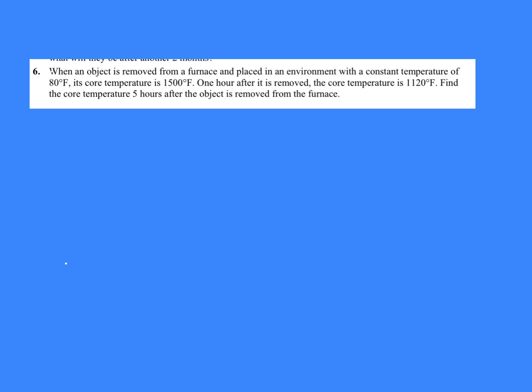So let's do problem 6. An object is removed from a furnace and placed in an environment with a constant temperature of 80 degrees Fahrenheit. So 80 degrees Fahrenheit is the temperature of the environment, and the object has a temperature of 1,500 degrees Fahrenheit.